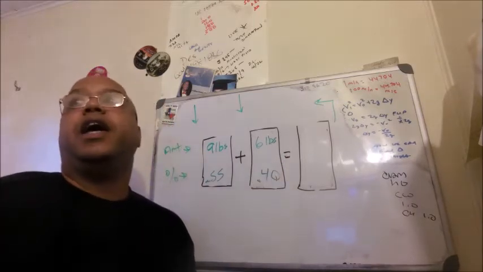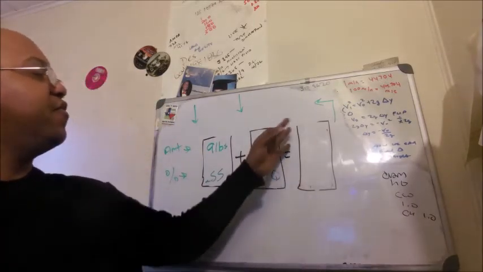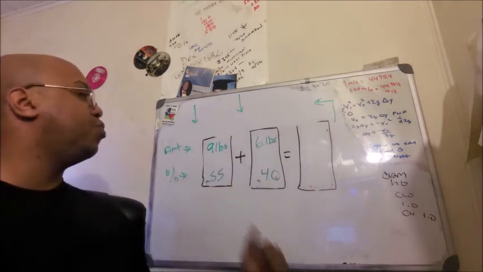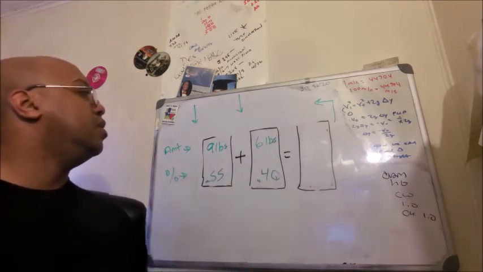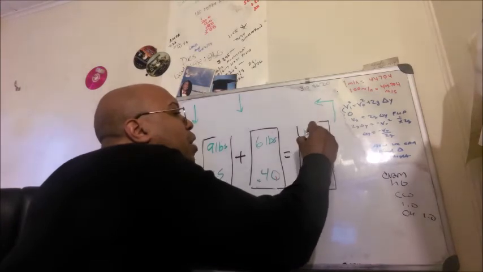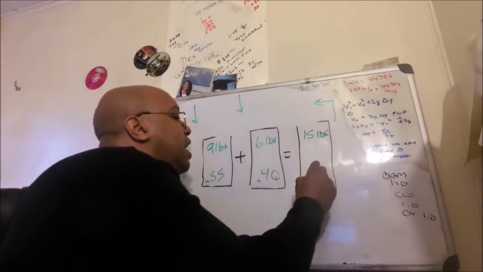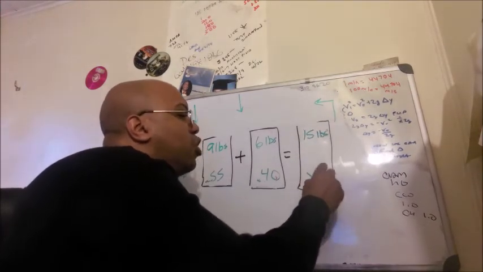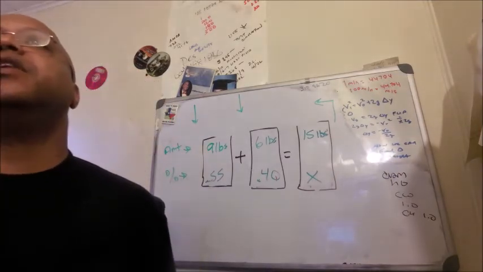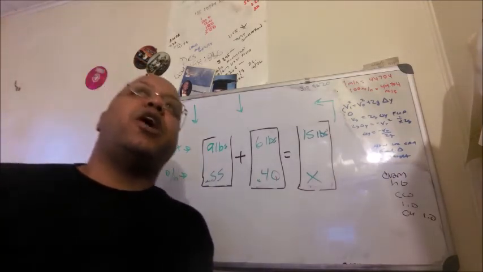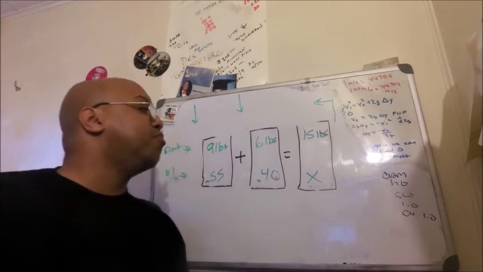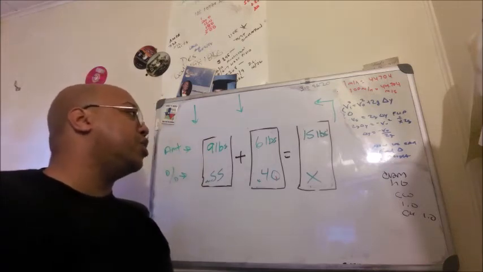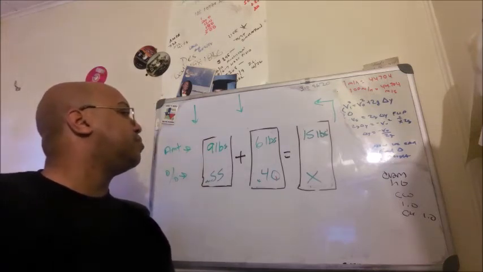All right. And do we have any information to put in our resultant container at this point? Yes, 15 pounds. All right, 15 pounds. And typically what most questions are looking for is the concentration. There are variations, but primarily they're looking for the new concentration.